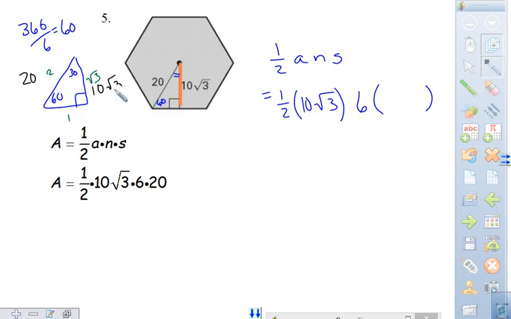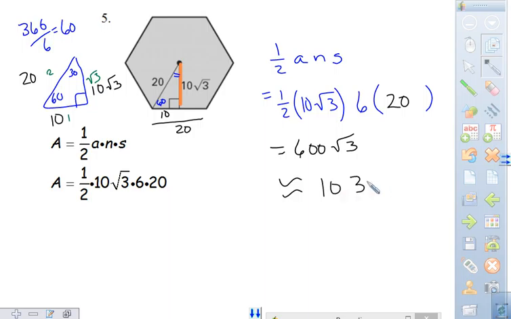So to go back to the side with the 1, we can tell that that side is 10, which is going to make the whole side length 20. So if we multiply half of 10 roots of 3 times 6 times 20, we get 600 square roots of 3, which is approximately 1039.2.